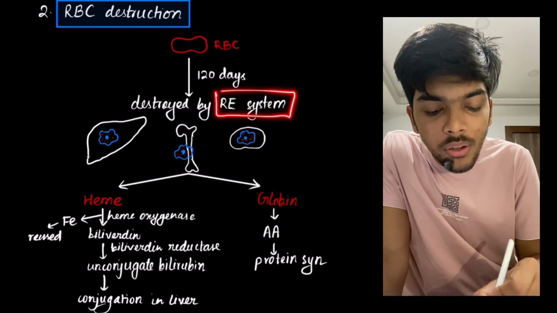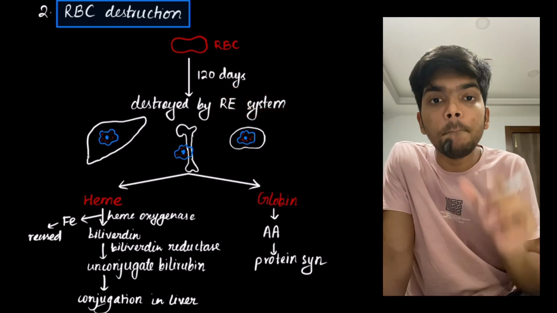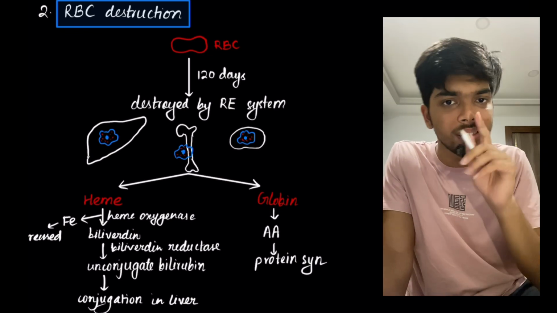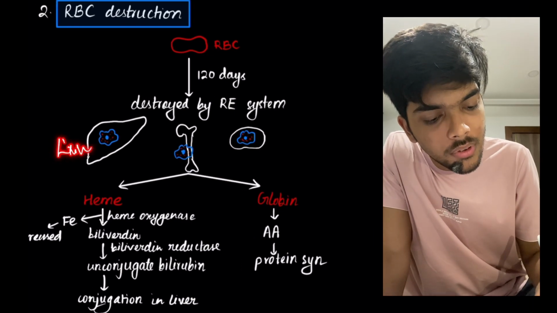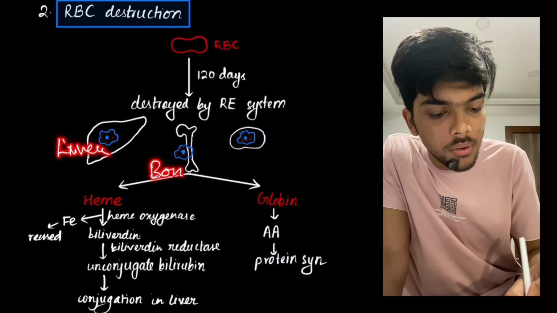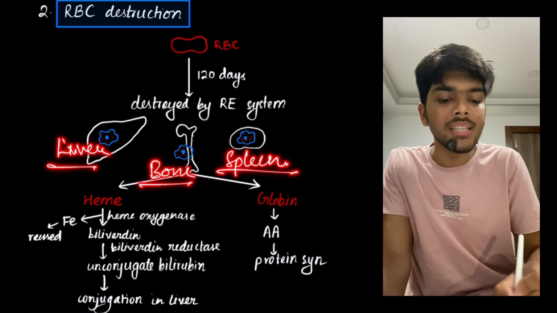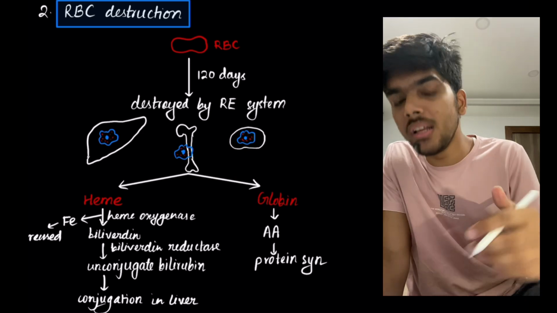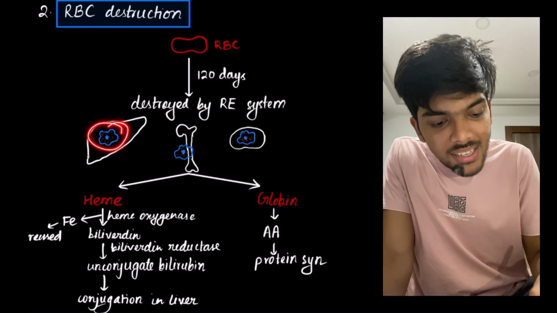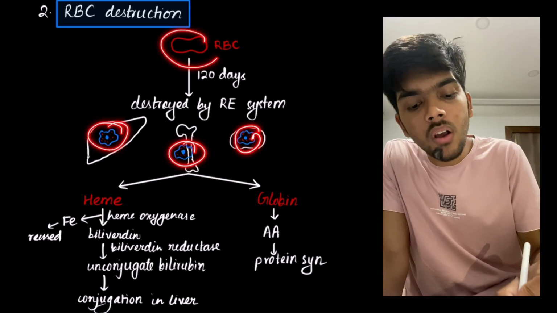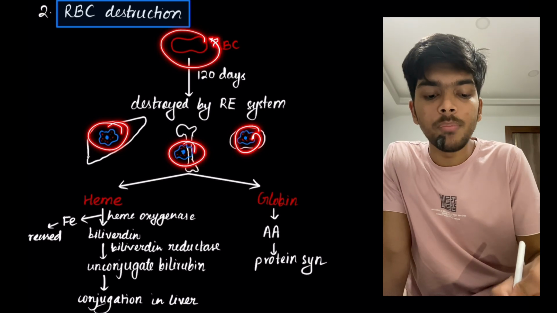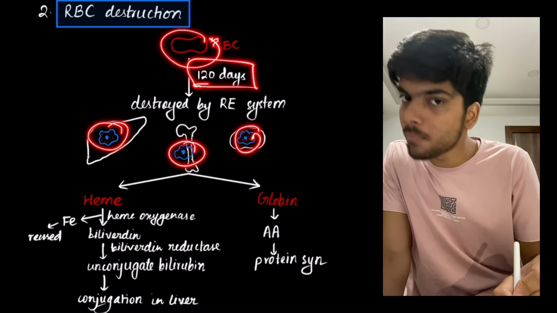The reticuloendothelial system is formed by macrophages of various organs like liver, bone, and spleen. What happens is that these macrophages engulf the RBC once RBC hits the 120 days mark.